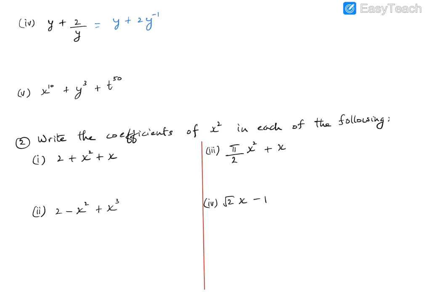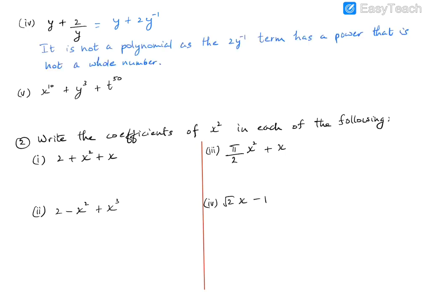We cannot call it a polynomial because this term violates the condition that the powers should only be whole numbers. So 2y power minus 1 is a term whose power is minus 1, and minus 1 is not a whole number, and therefore it is not a polynomial.